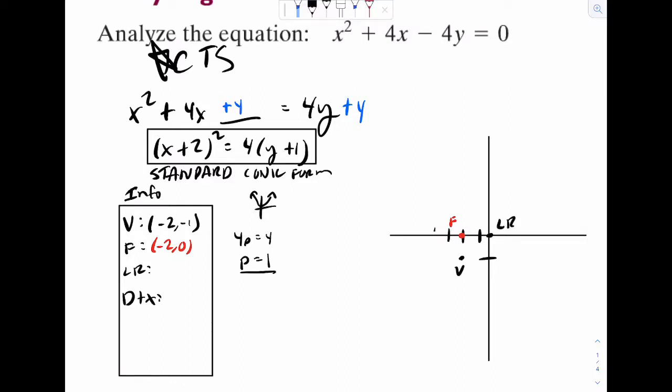Let's sketch our parabola in. That's going to be -2 plus or minus 2, 0. And our DTX is going to be 1 unit down right there. Right there is our DTX, and that we can see is y equals -2. And we are done. That's everything. Here's our graph, info box, and our equation in standard conic form.